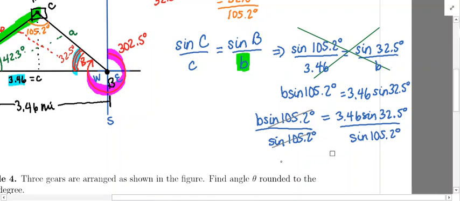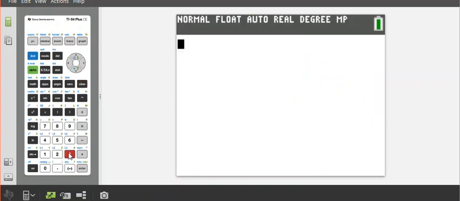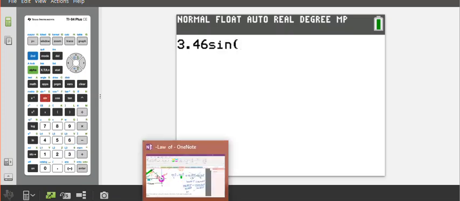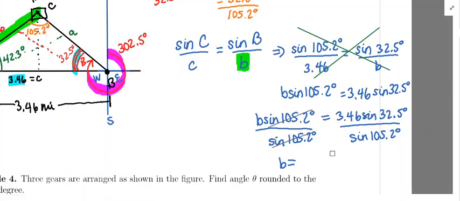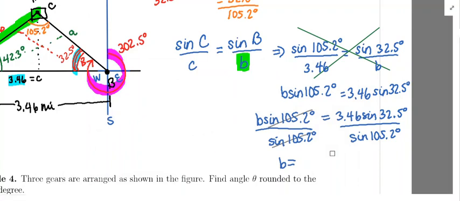So I'm going to go to my calculator and punch this in. Make sure you're in degree mode when you're doing this. So we're going to have 3.46 times the sine of 32.5 degrees. And then we need to divide that by the sine of 105.2.